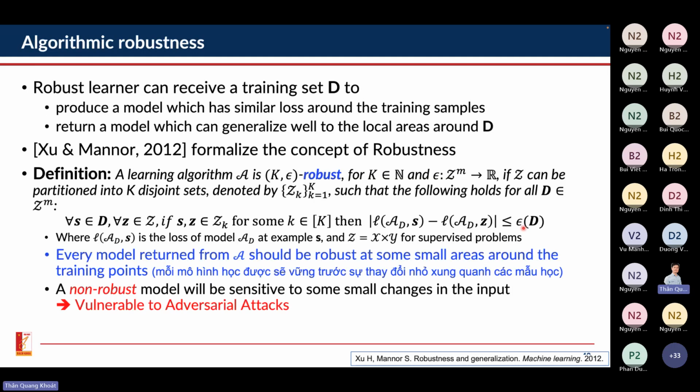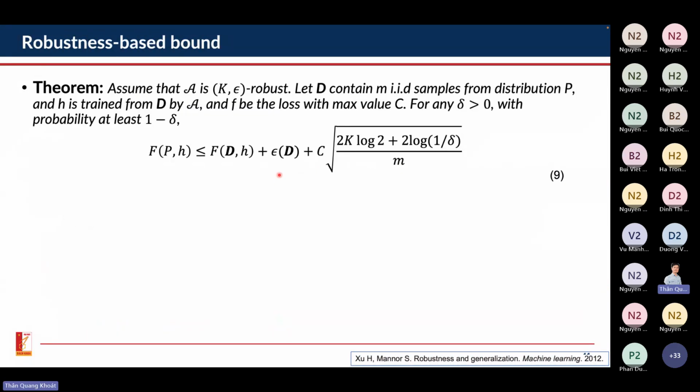And of course, the trained model should also be robust, right? A non-robust model can be sensitive to some attacks in practice. So a robust learner can produce a robust model, right? And a robust model should have this quantity be small. And it means that the generalization error can be small as well, right?